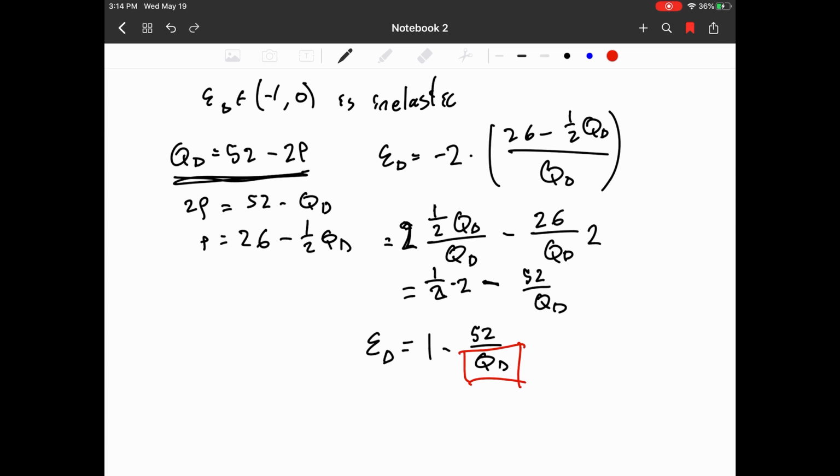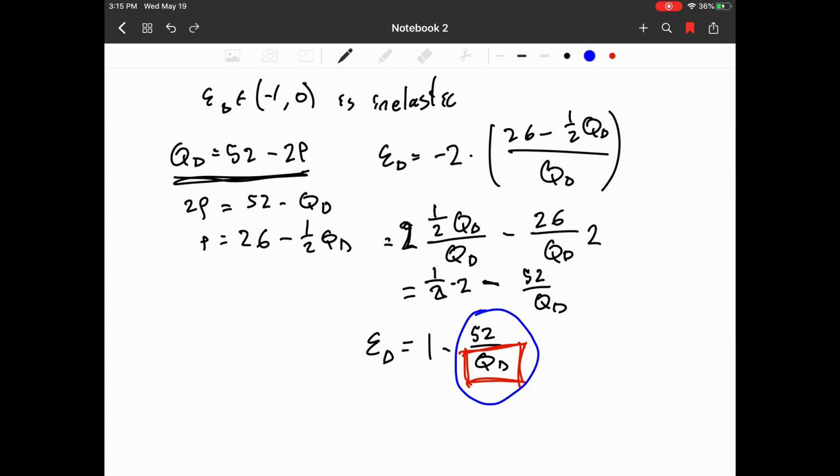So this tells us that as qd gets larger, this whole component here gets smaller.